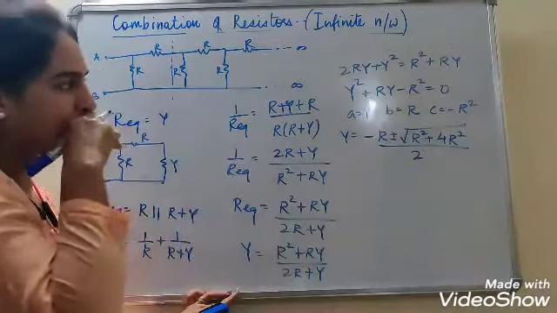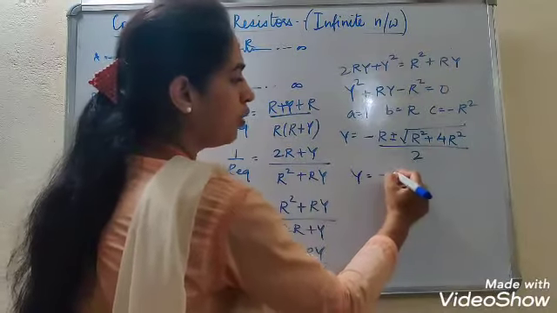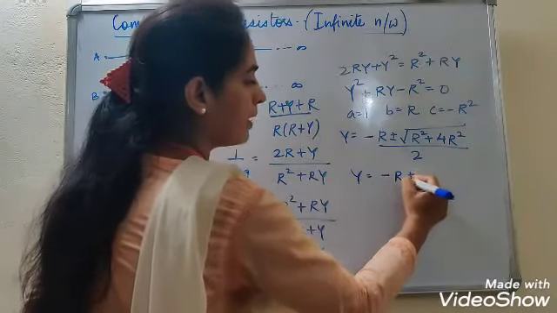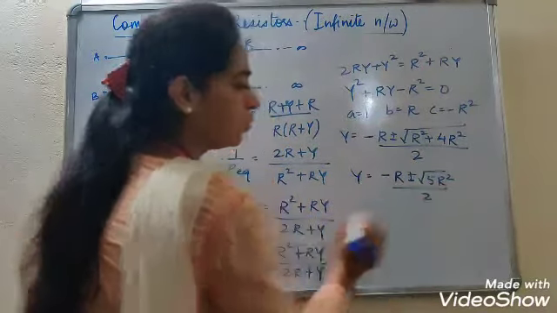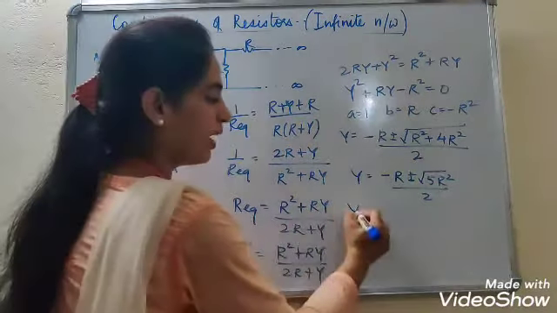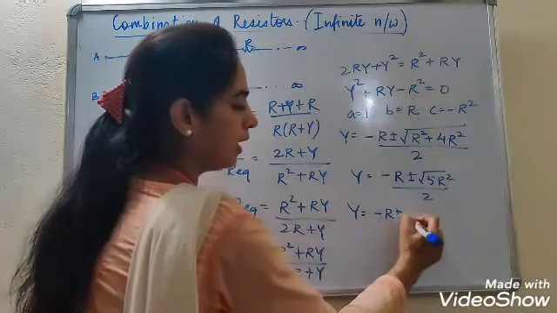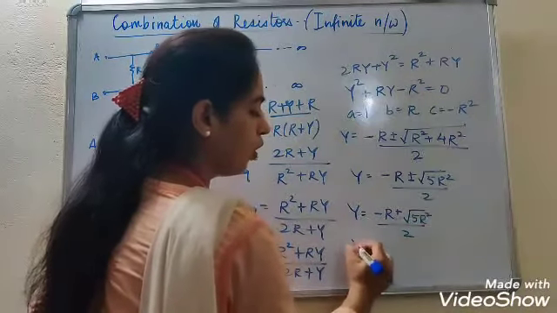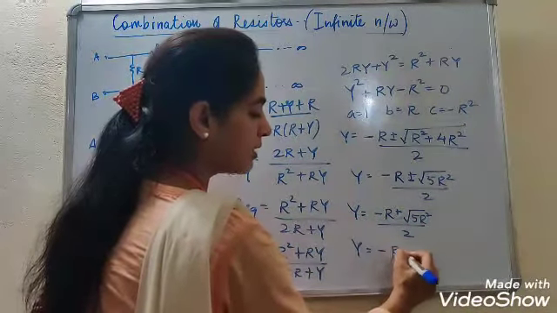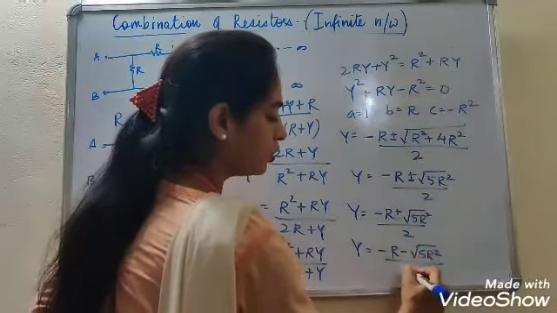Again we are getting the same equation, right? So Y is equal to minus R plus minus root 5R square by 2. Okay, so Y can either be minus R plus under root of 5R square by 2, or Y can be minus R minus under root of 5R square by 2.